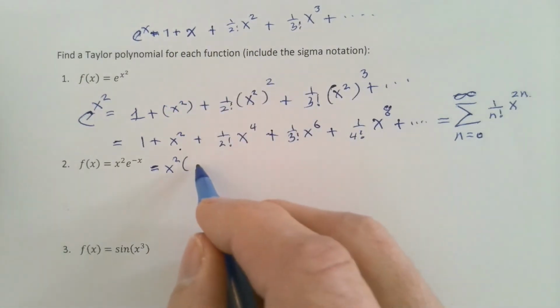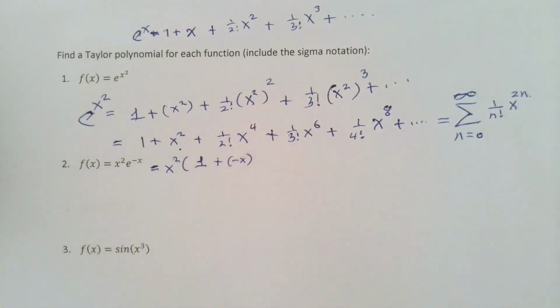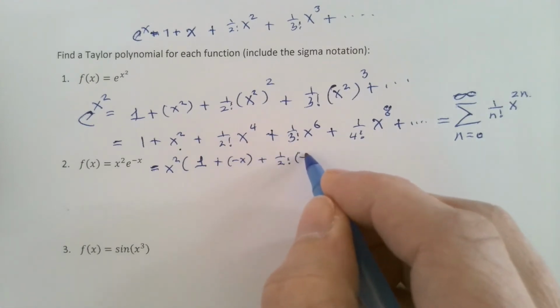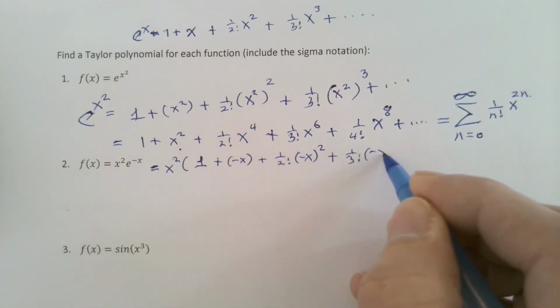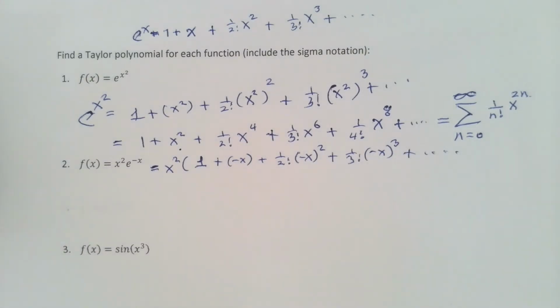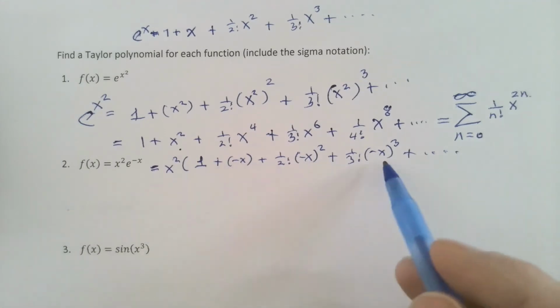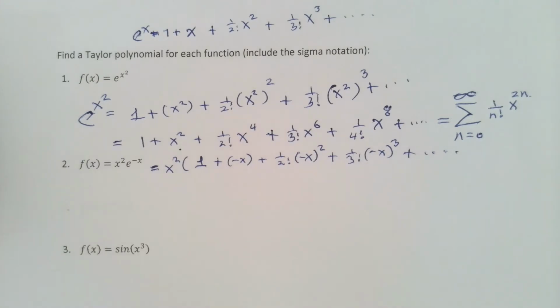So that would be 1 plus negative x plus 1 over 2 factorial negative x squared plus 1 over 3 factorial negative x cubed, etc. And as you can see, some of these negatives will stick around because they are raised to odd powers, like 1 and 3 and 5 and so forth.